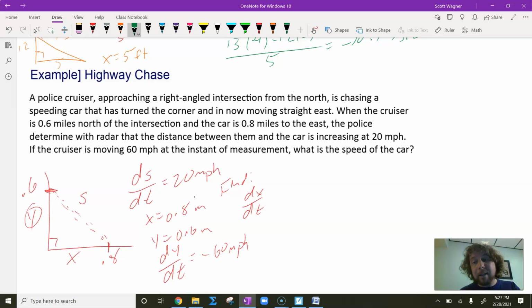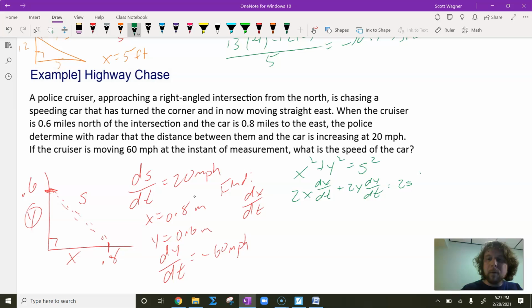Again, it's going to be a Pythagorean theorem problem. So x squared plus y squared is equal to s squared. Take the derivative of that. That would be 2x dx/dt plus 2y dy/dt is equal to 2s ds/dt. Again, you see a common theme. You can cross the 2's off.